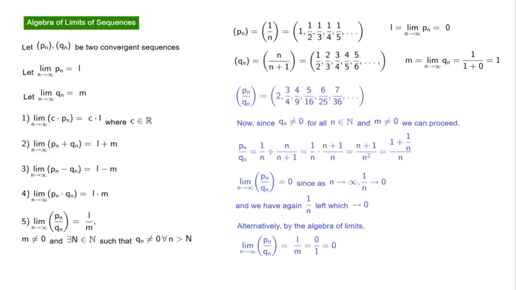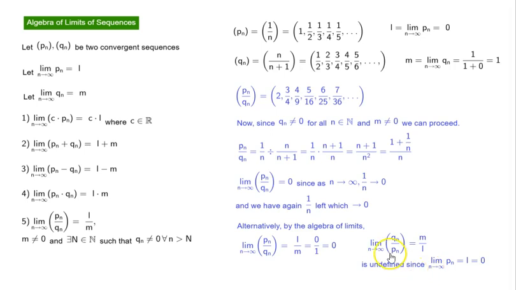So here, if we say q sub n divided by p sub n, what happens to the limit? Limit as n goes to infinity of q sub n by p sub n is equal to m by L. Now this is going to be undefined, since limit as n goes to infinity of p sub n is equal to L, which is equal to 0.